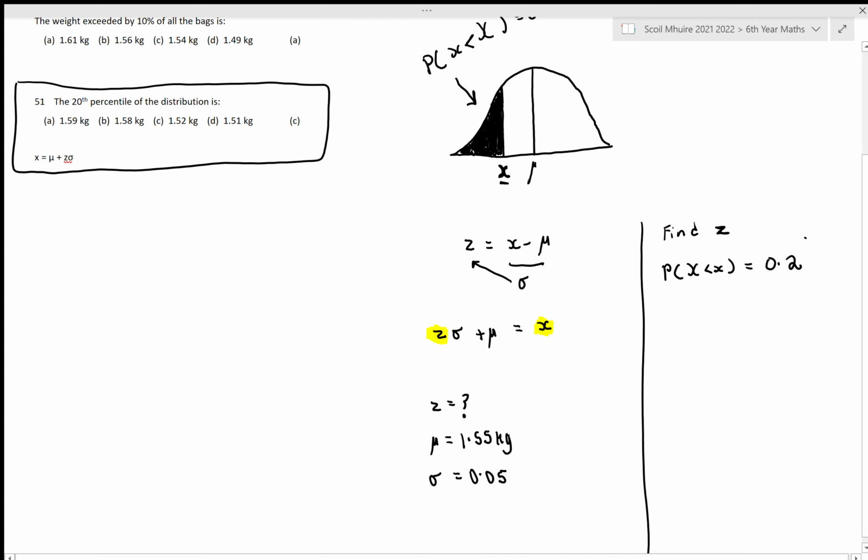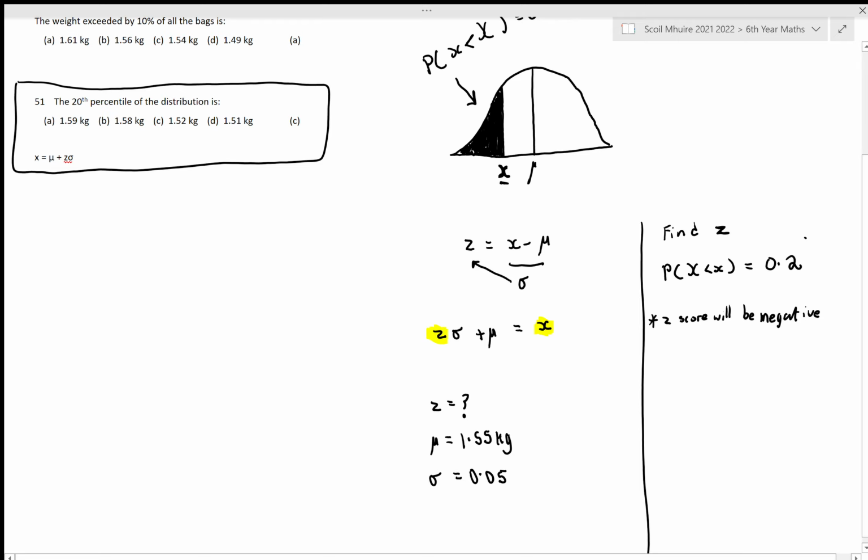I know that my value of x is to the left of my mean, and therefore the z-score that I'm trying to find will be negative. Our z-score tables only tell us the probabilities of positive z-scores, so we have to convert our negative z-score into its corresponding positive z-score.